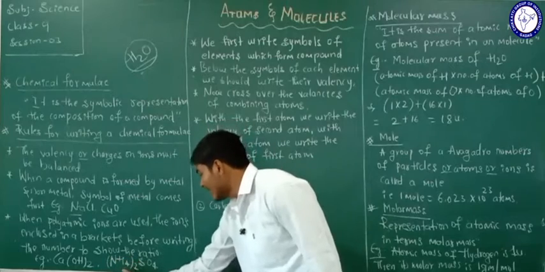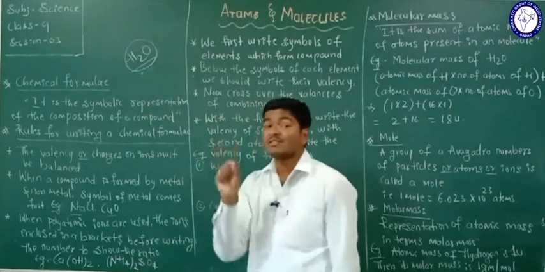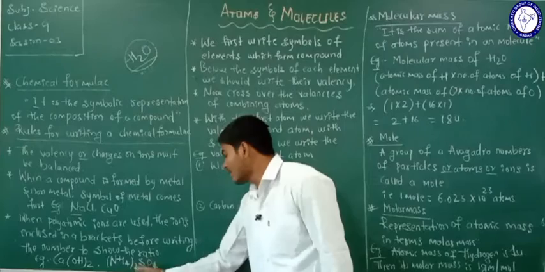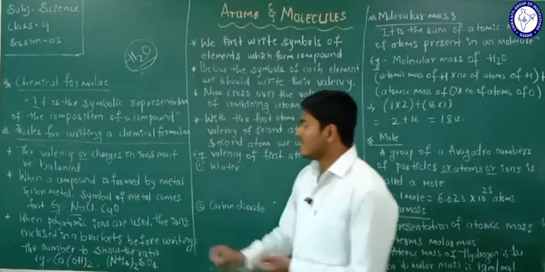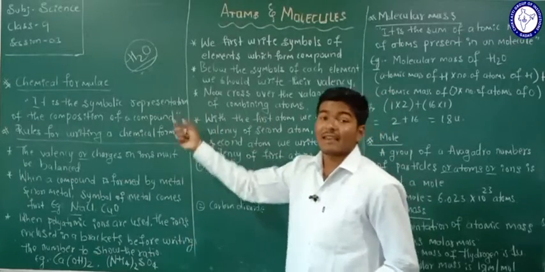Here we should write it in a bracket and mention the ratio after the bracket, and then write the other elements. So that is the third rule of writing chemical formulae.